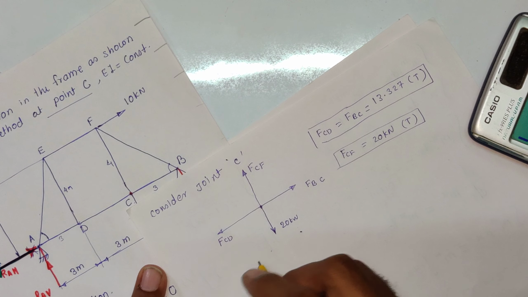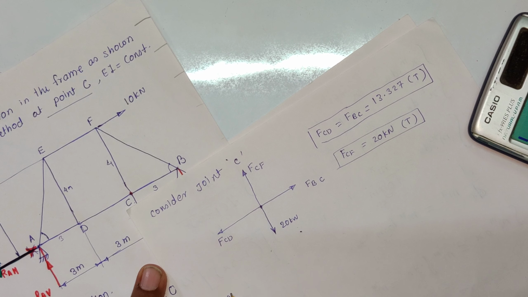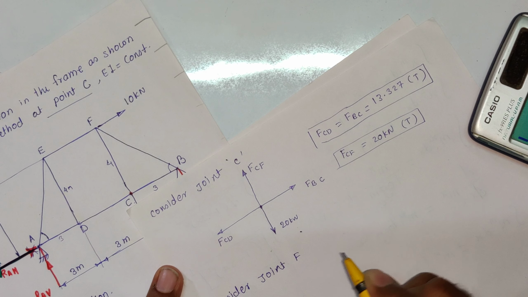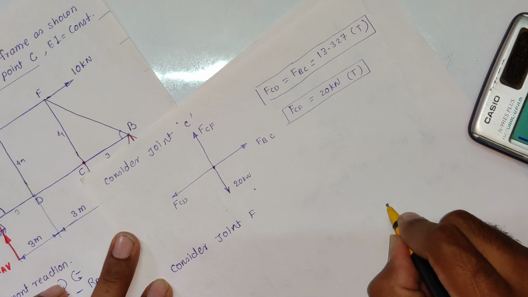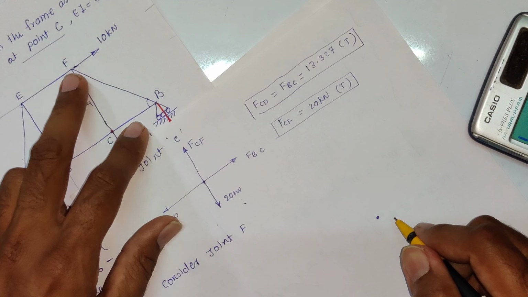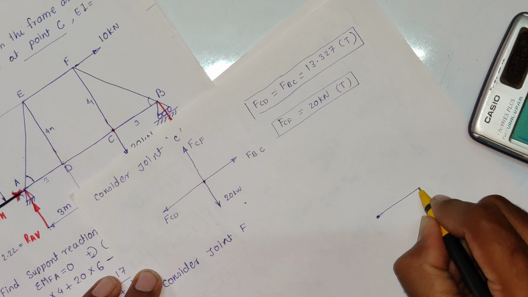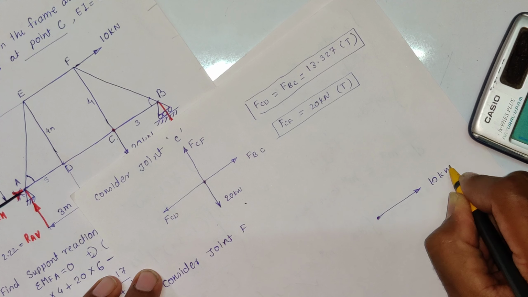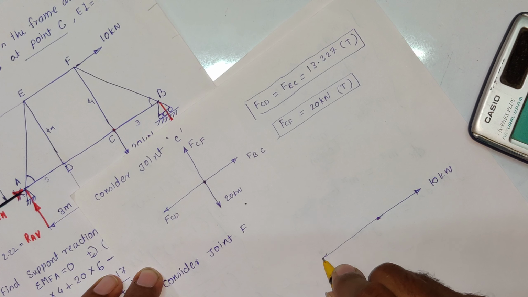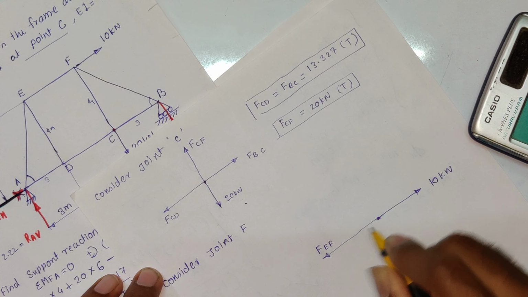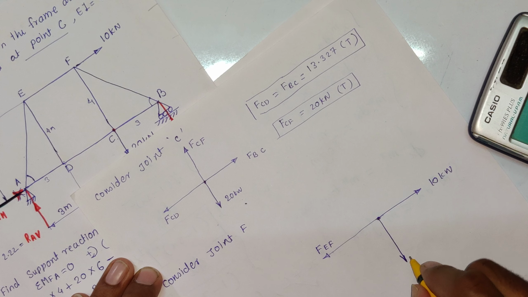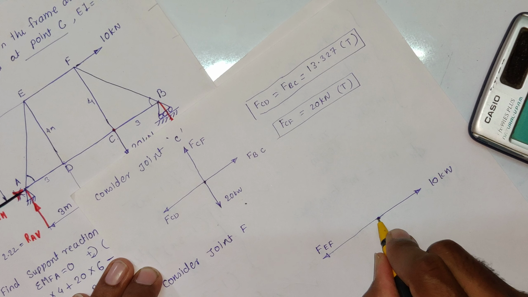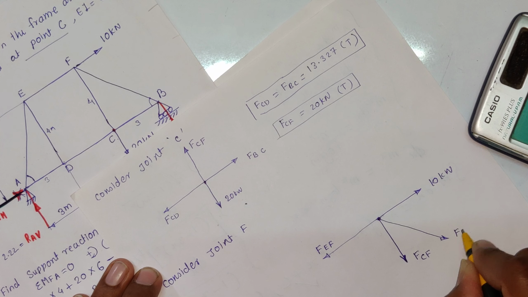So for that we'll consider joint F. This is 10 kilonewton. This is EF, CF, and this is FBF.